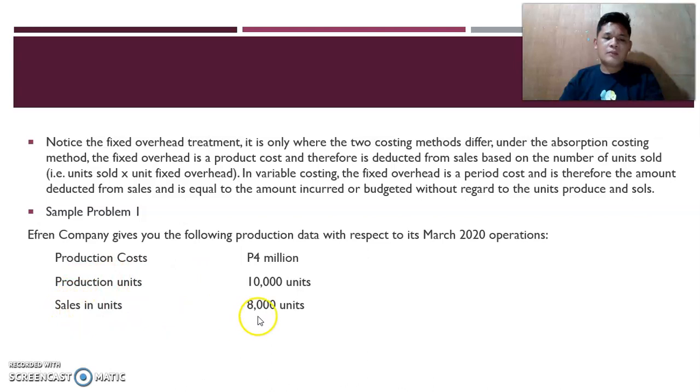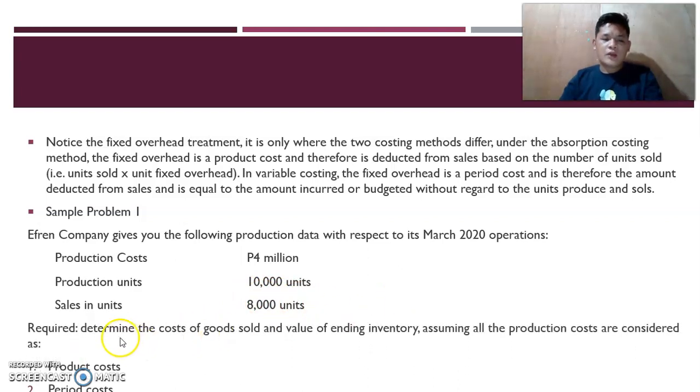Ito naman yung nabenta niya. Out of 10,000 na produce, 8,000 lang yung nabenta. So, here is the computation. Required, determine the cost of goods sold and value of ending inventory, assuming all production costs are considered as product cost and period cost. So, solution.